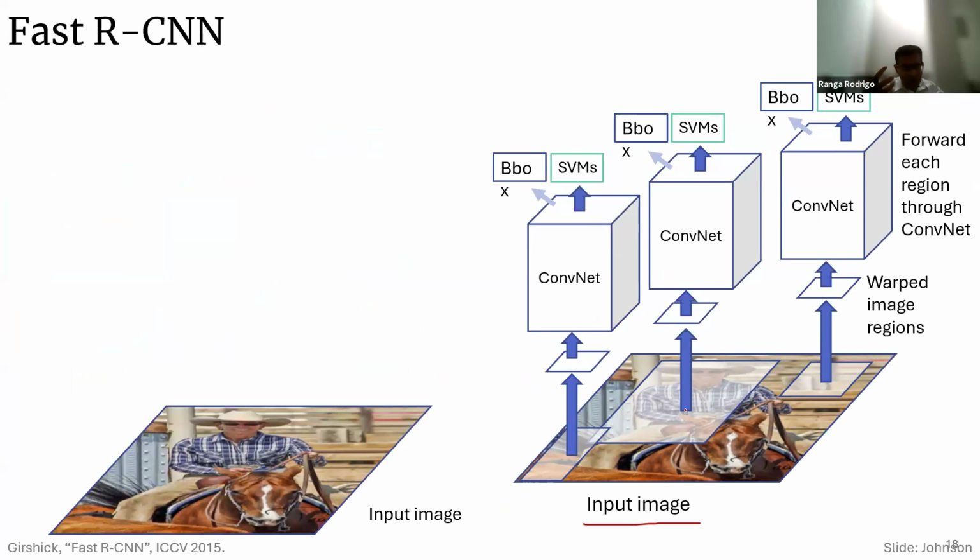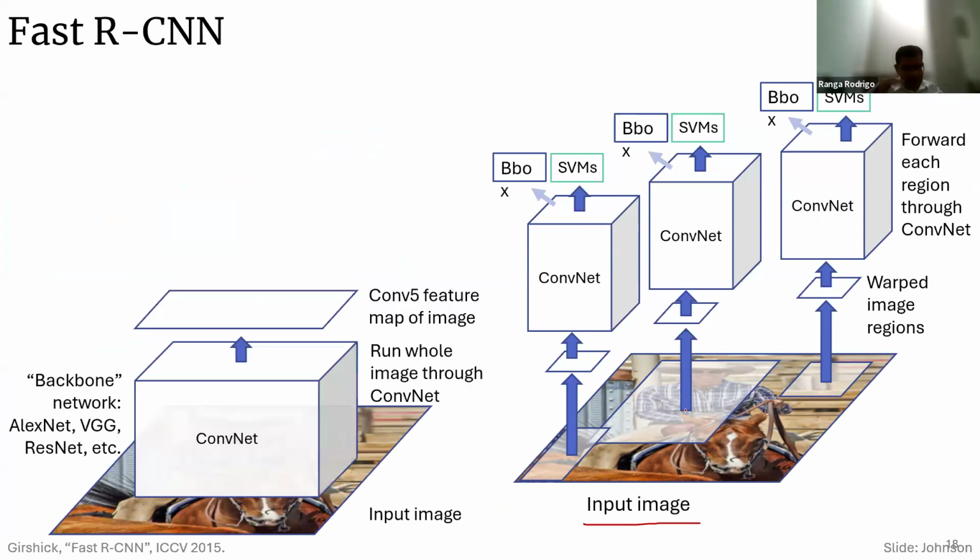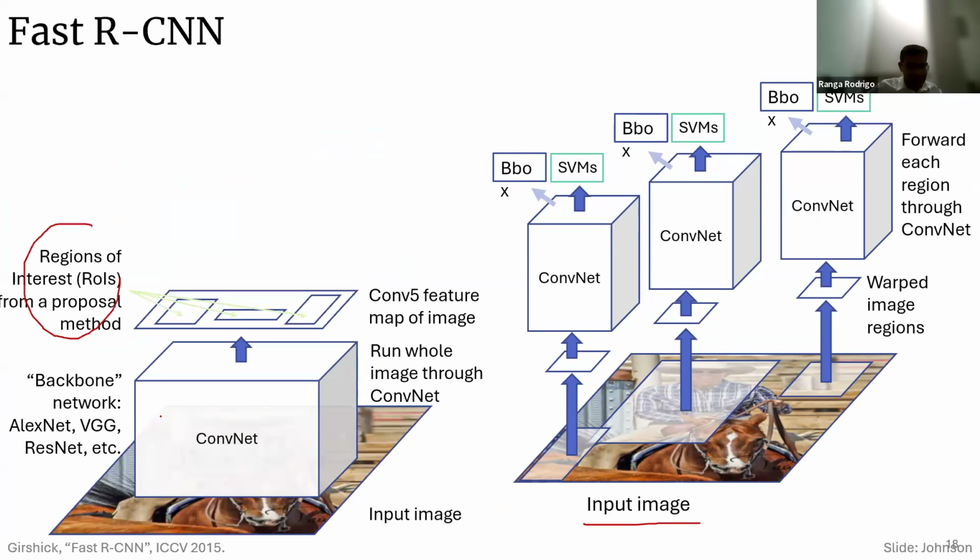But in the new one called fast RCNN, you run the CNN and then locate the selective search regions on top of the feature map. We locate the region proposal regions on top of the feature map. So you have to just run the CNN only once and extract the features on top of that. Then the computation load is drastically reduced.